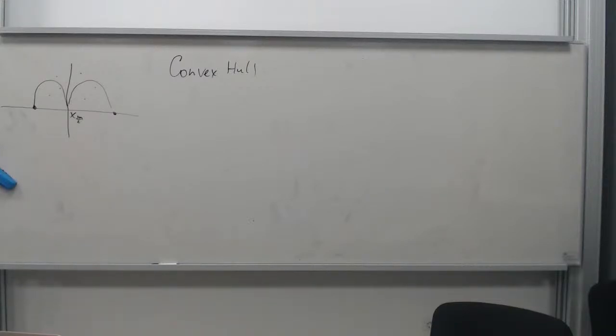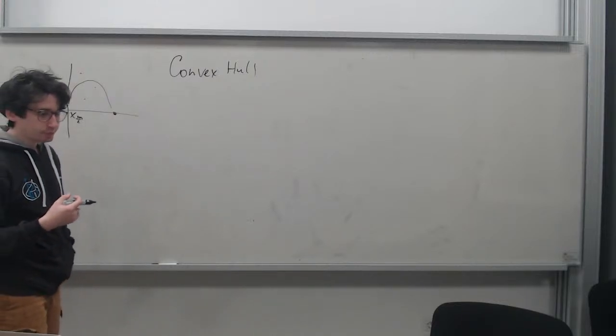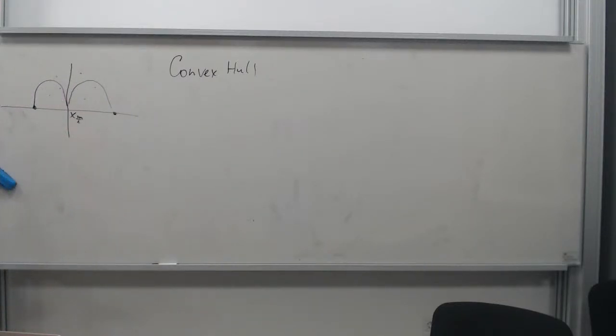Then the only question is how to merge these convex hulls together in reasonable time. I think it is quite easy to see that this can be done in n logarithm n if we can find the line that touches both of them. Then the convex hull will be this part, then this segment, and this part back.